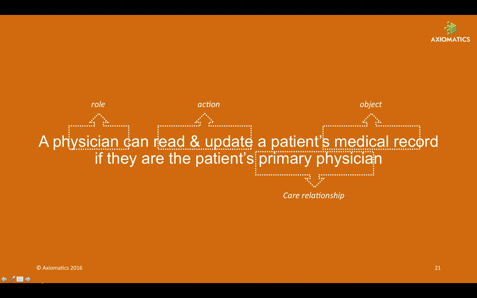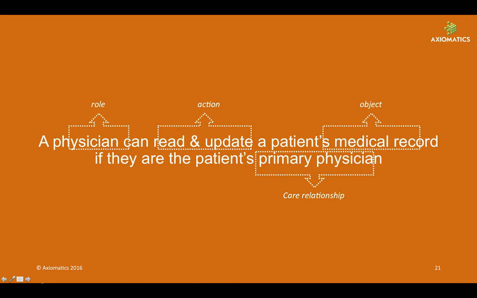If they are the patient's primary physician, that's a care relationship in this case, but it's important to point out that it's a relationship type of statement, right? Because there's a relationship between the patient and the physician, and the fact that the physician is the patient's primary physician.